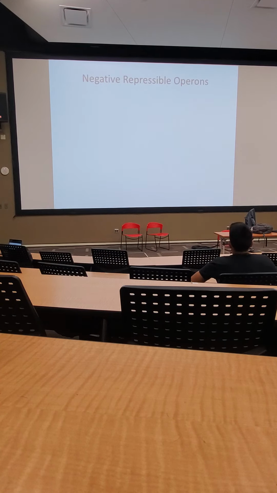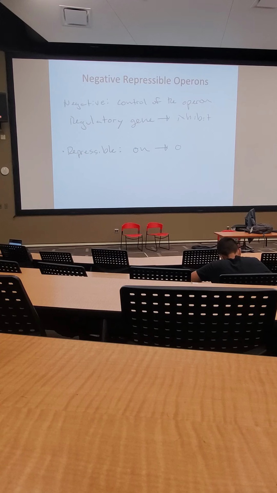So again, negative means the control of the operon: the regulatory gene is going to inhibit. And repressible means it starts on and it turns off.